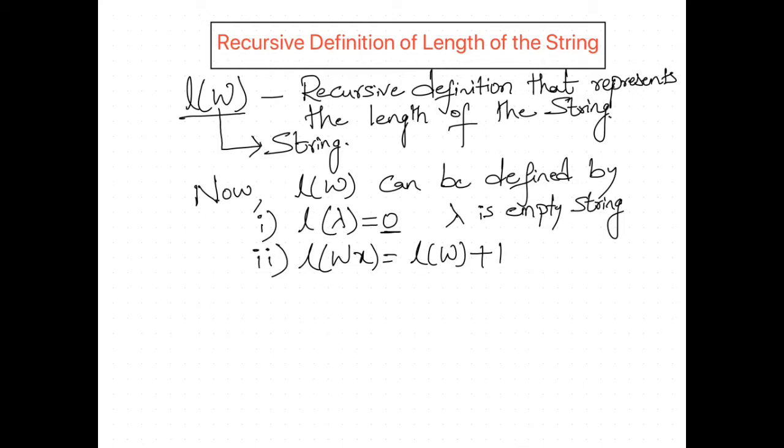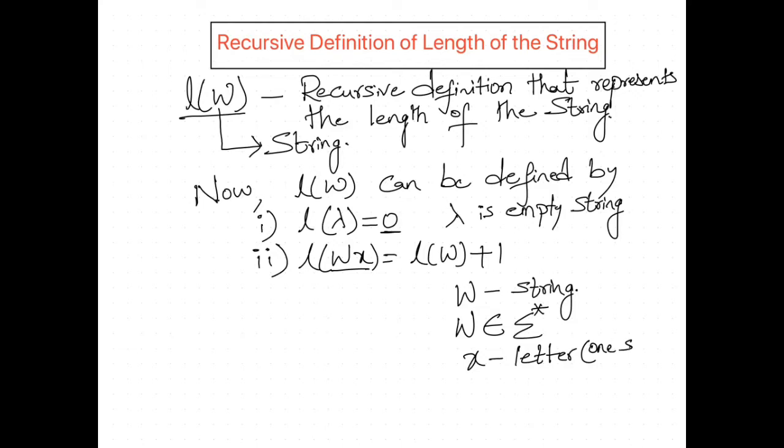See here, now Wx is a string. Now I am writing L of W plus 1. What does it mean? W is a string, and this W belongs to sigma star, which means the set of strings. Now what about x? x is a letter in the alphabet, just one symbol that belongs to the alphabet.